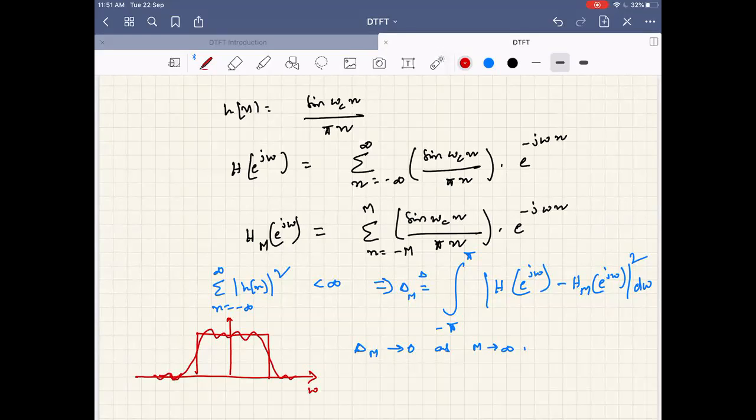Here you can see that this goes from minus infinity to infinity roughly.